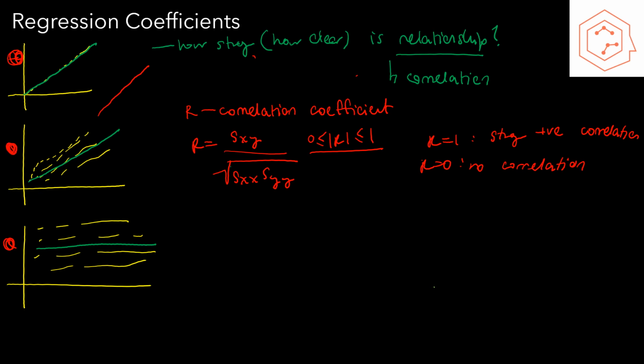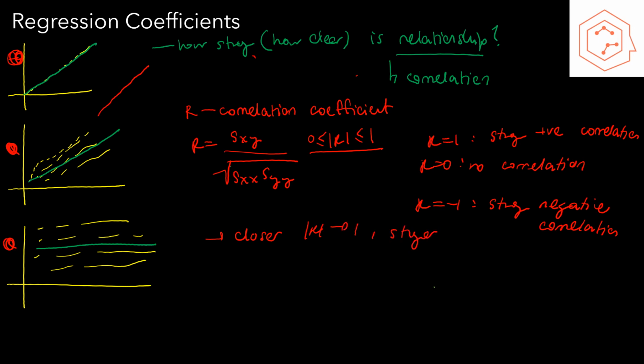So that's what you're seeing in this case. And if r is equal to -1, then it's a strong negative correlation. So essentially, the closer the absolute value of r is to 1, the stronger the correlation.